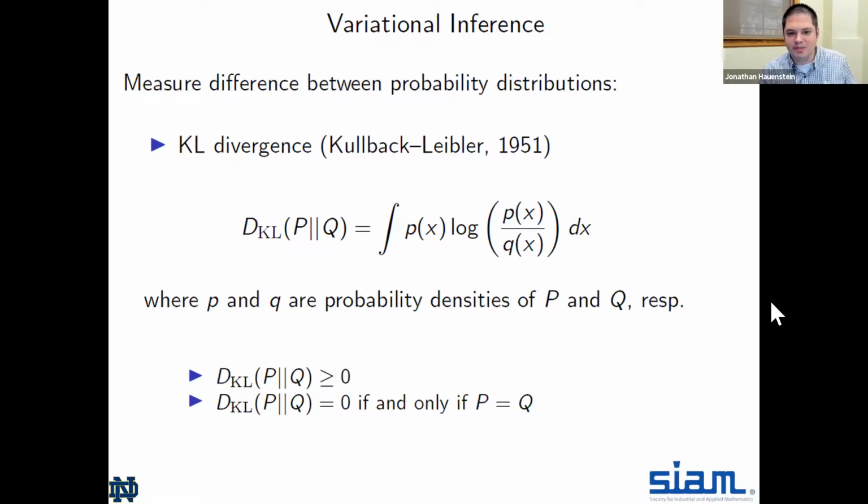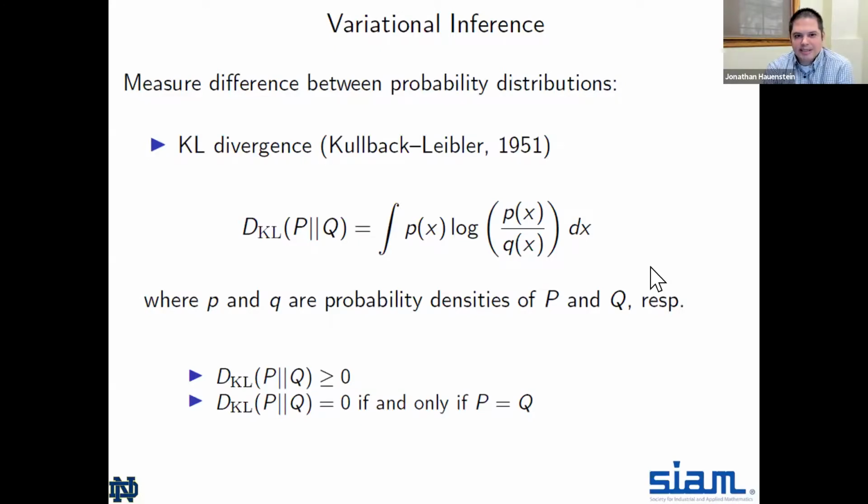Best means in terms of the KL divergence. The KL divergence is this famous formula from the 1950s to measure the difference between 2 probability distributions. So you have 2 probability distributions, P and Q. They're given by densities, little p and little q. And this is the KL divergence. You just take the integral of this expression.